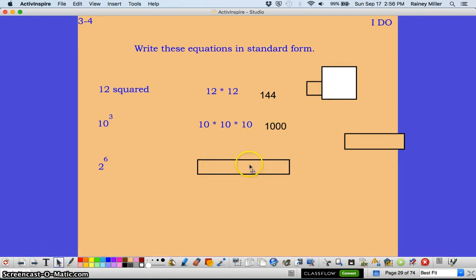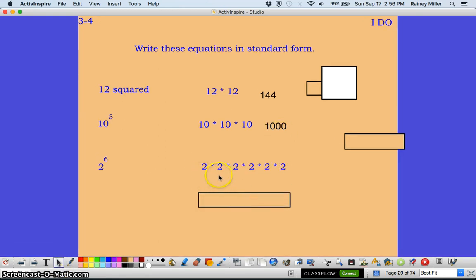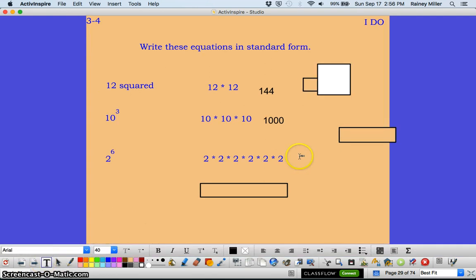So I'd take 2 times 2 is 4, times 2 is 8, times 2 is 16. Oh dear, here we go. Times 2 is going to be 32, times 2 is going to be 64. So my answer to this one would be 64.